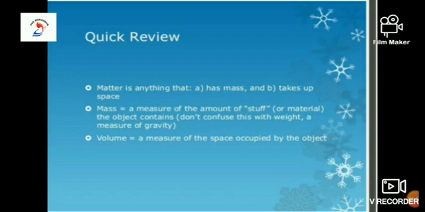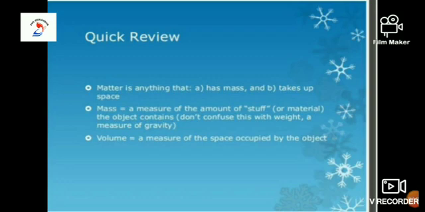Modern day scientists classify matter in two ways: on the basis of physical properties and on the basis of chemical properties. On the basis of physical properties, matter is classified as solids, liquids and gases. And on the basis of chemical properties, matter is classified as elements, compounds and mixtures.